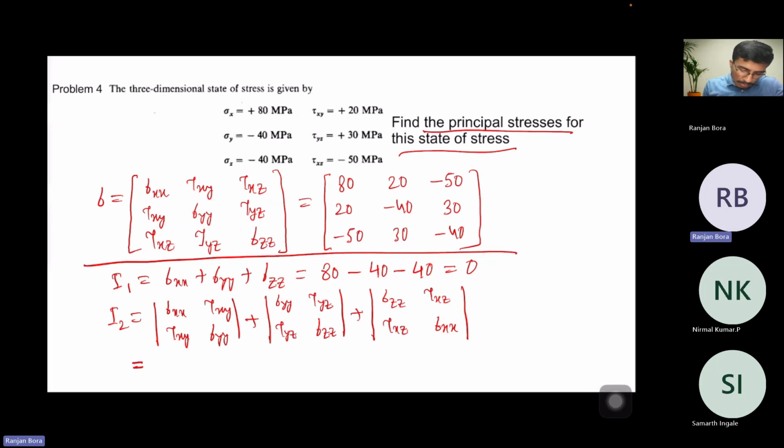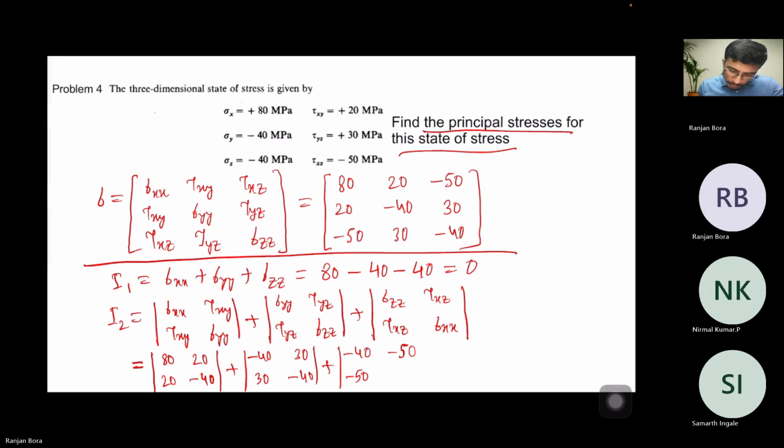So we'll substitute sigma xx is 80, tau xy is 20, sigma yy is minus 40, tau yz is 30, sigma zz is minus 40, tau xz is minus 50, sigma xx is 80. Now we need to find the value of this.